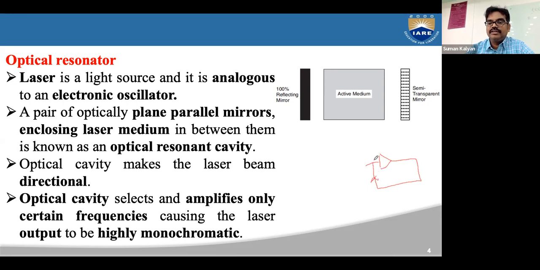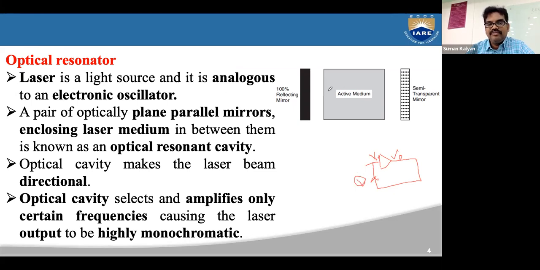So this will be your V naught and this will be your V in. We send a signal, and the output again is fed to the input. This is what we call an electronic oscillator. In a laser also, this is what we do.